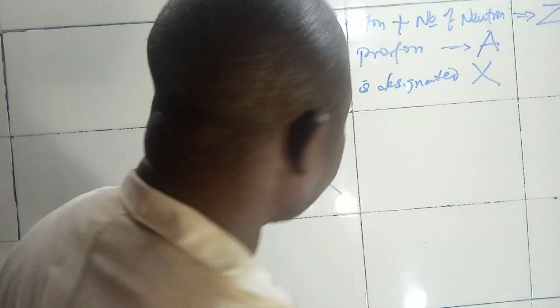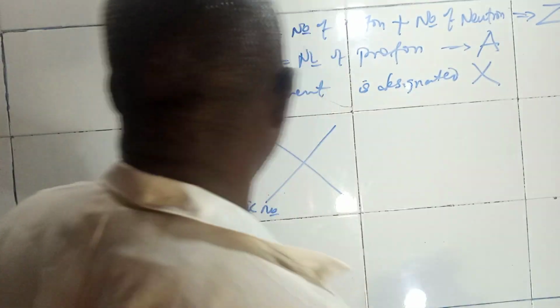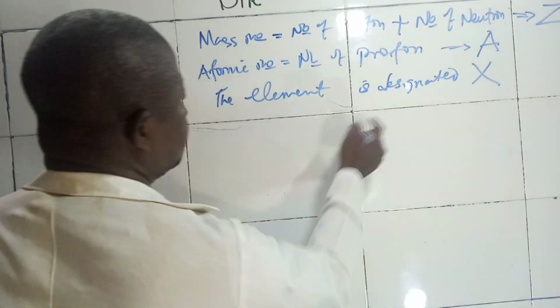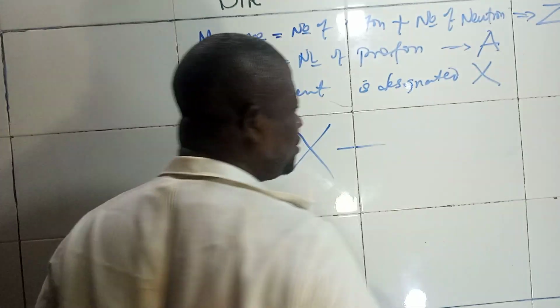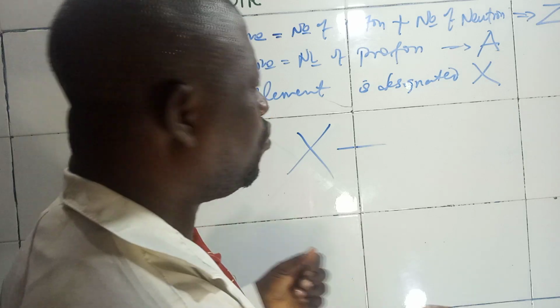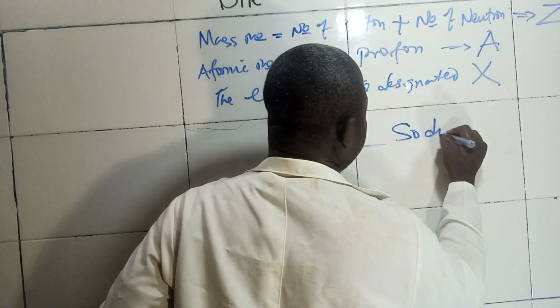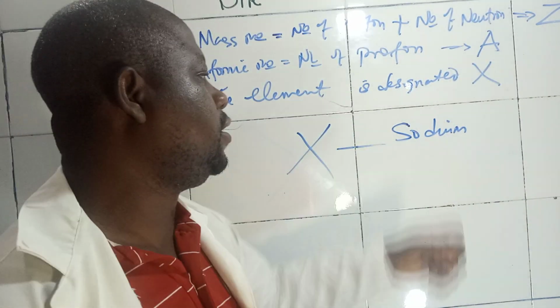So that's about that. At times they can tell you, for instance, let me give you an example. This X, let's not forget, stands for an element. That element could be hydrogen, helium, or boron. For instance, let's assume that X is sodium, and I ask, what is the number of neutrons in this sodium?